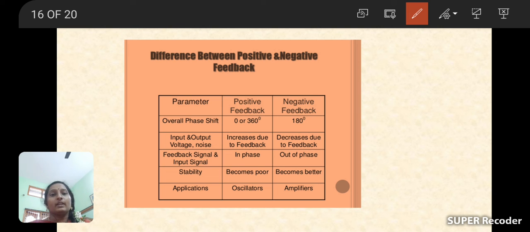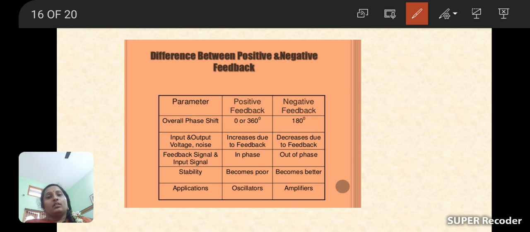And the feedback signal and input signal are both in phase in positive feedback, and both are out of phase in negative feedback. And coming to stability, positive feedback circuits become poor, and in negative feedback the stability becomes somewhat better, not complete, compared to the positive.